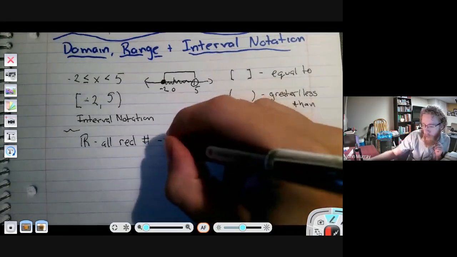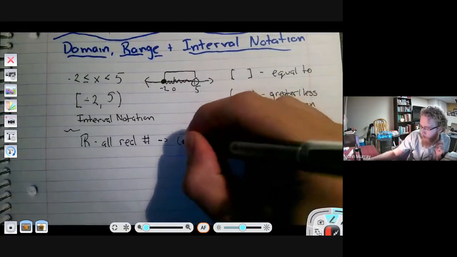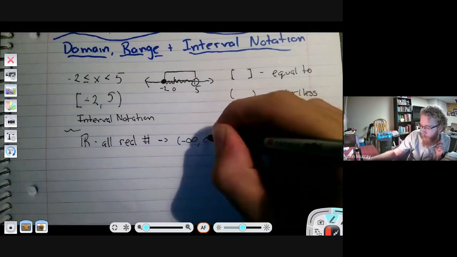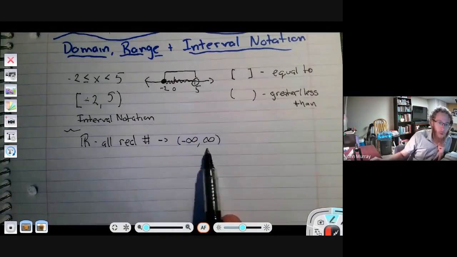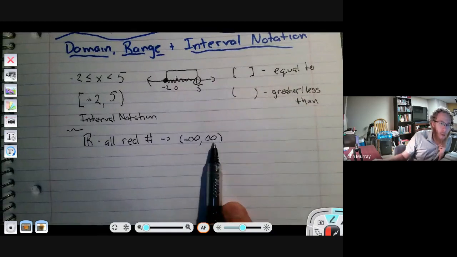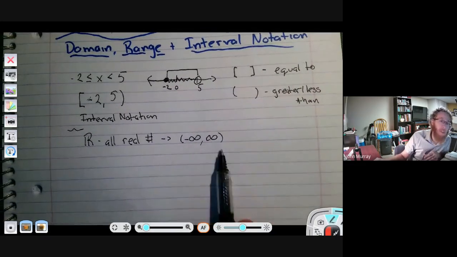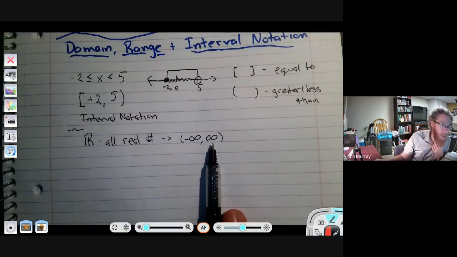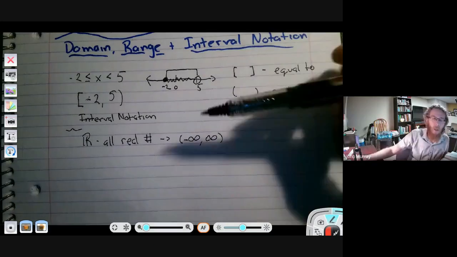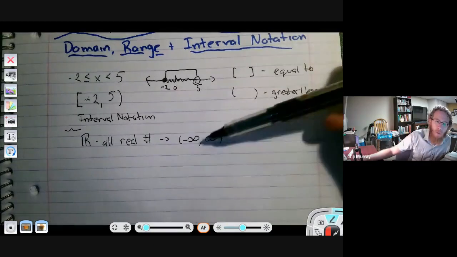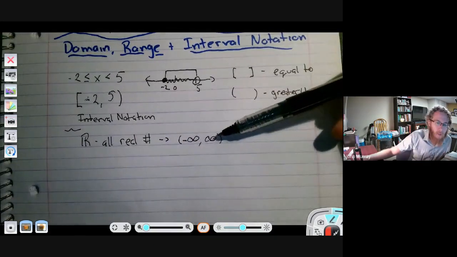In interval notation, we show that with a negative infinity and a positive infinity. Okay, so this means I'm covering literally every single number in existence. I don't know half those numbers, right? They're immensely large, but all real numbers is from negative infinity to positive infinity.